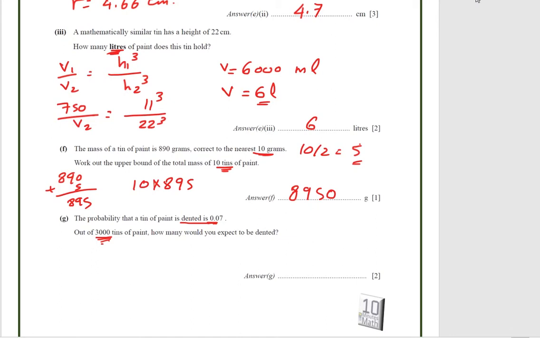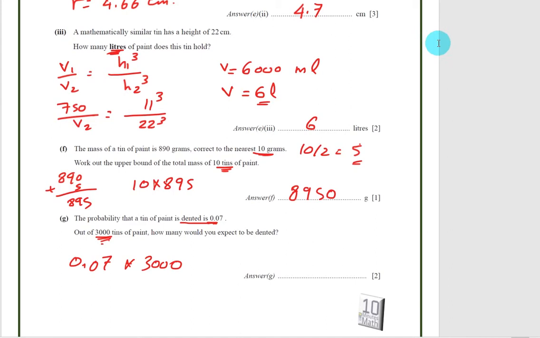The probability that a tin of paint is donated is 0.07. Out of 3,000 tins of paint, how many would you expect to be donated? Donated is 0.07 from 3,000.